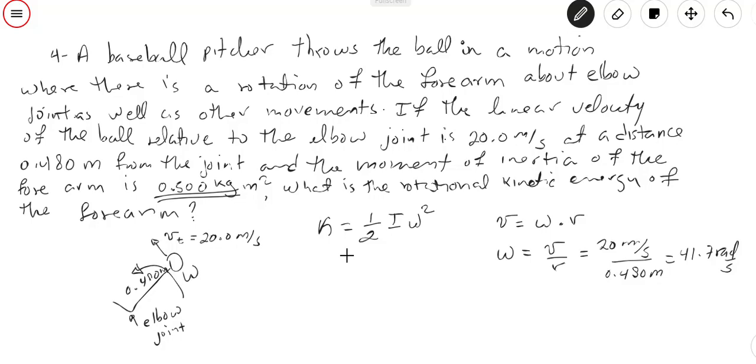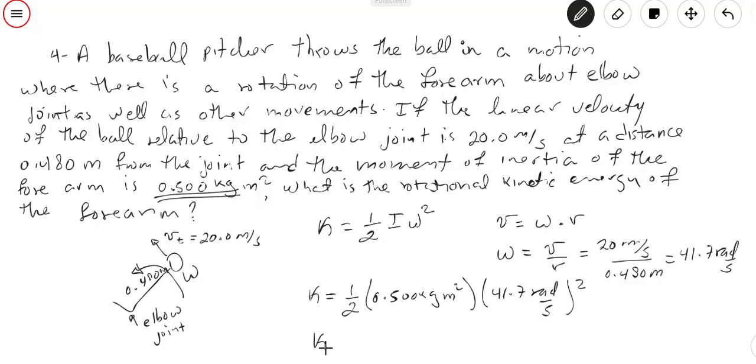Okay, so once I know that angular velocity, to calculate the rotational kinetic energy will be very easy, because this rotational kinetic energy will be 1 over 2 of the moment of inertia, that is 0.500 kilograms meter square, times the angular velocity, that is 41.7 radians per second square.